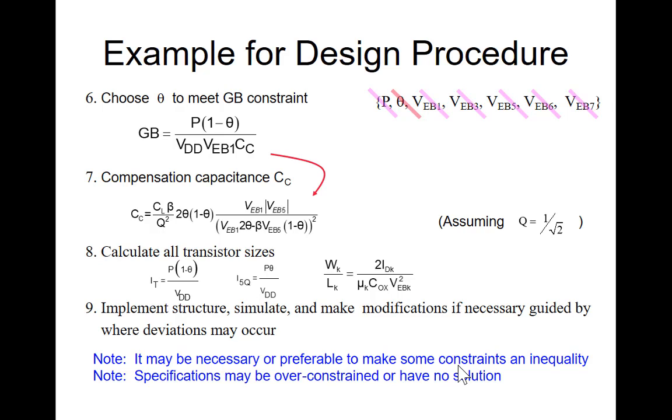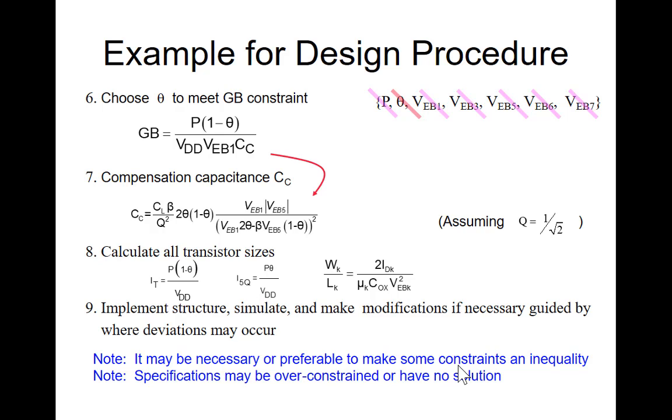So now I've got a situation where I still need to satisfy the GB requirement. So GB was P times 1 minus theta over B to D V excess bias 1 sub C sub C. And C sub C is given by this expression, so I can plug that back in there.